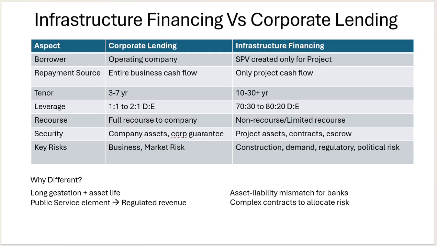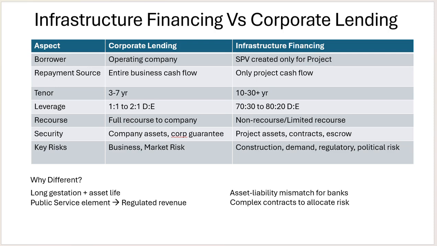Let's see what the differences are between corporate lending and infrastructure financing in the Indian market. The borrower in corporate lending is an operating company or any organization that is operating, with an operating cash flow. But in infrastructure financing, we create a special purpose vehicle for the project itself.